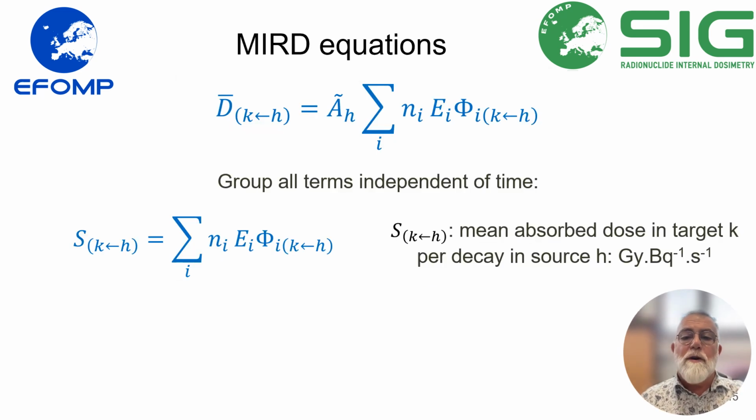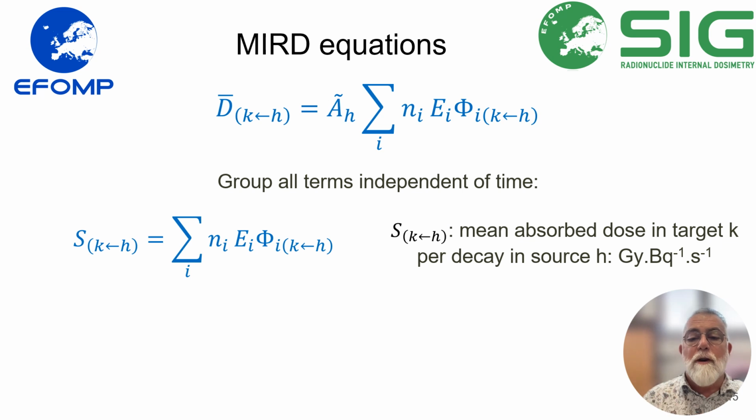So here are the MIRD equations. So you've seen that one. So the average absorbed dose in target K from source H is the time-integrated activity in the source multiplied by, for all the types of radiation emitted, the product of probability of emission, energy emitted, specific absorbed fraction.